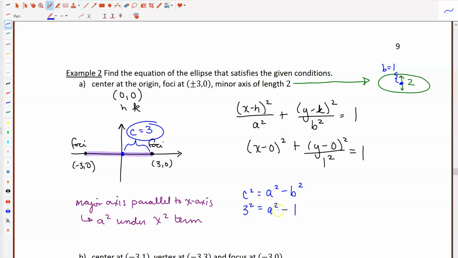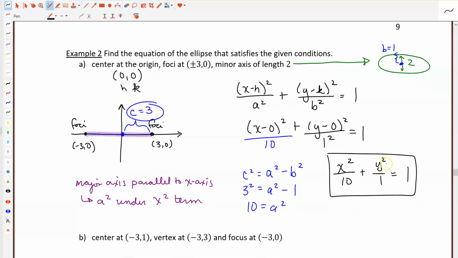So I'll get 9 plus 1, which is 10, is equal to a squared. And we can just go ahead and leave it like that because I want a squared. So cleaning this whole thing up, we'll have x squared over 10 plus y squared over 1 is equal to 1.